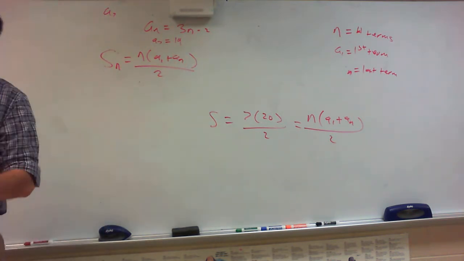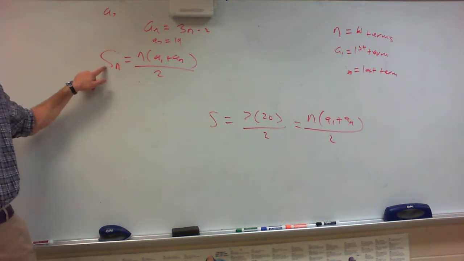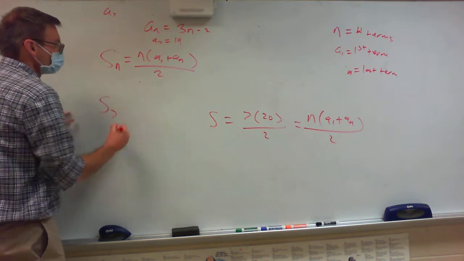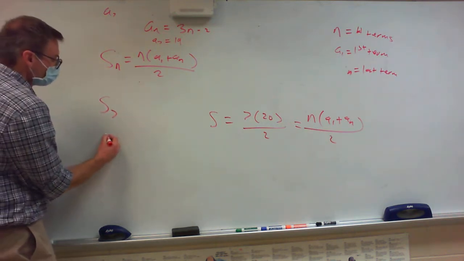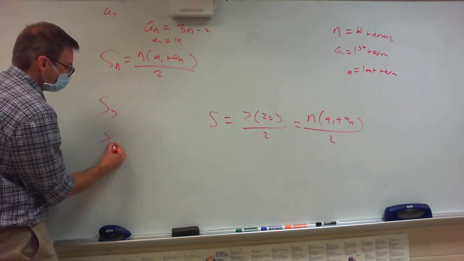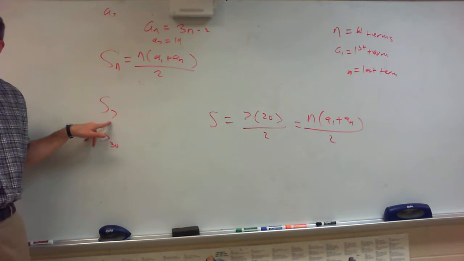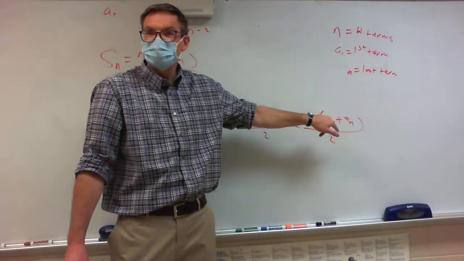The only thing that's a little different is S sub n means the sum of the first n terms. If I want the sum of the first 7 terms, I'd say S sub 7. If I want the sum of the first 30 terms, I'm going to say S 30. Is everybody okay with our official titles?